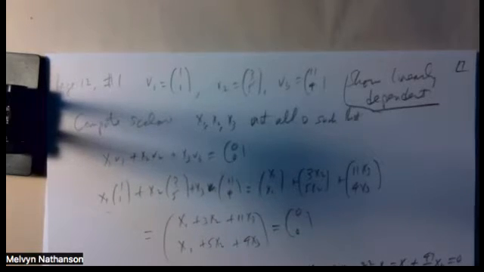So I could let x2 equal 7, x1 equals minus 43, x3 equal 2.